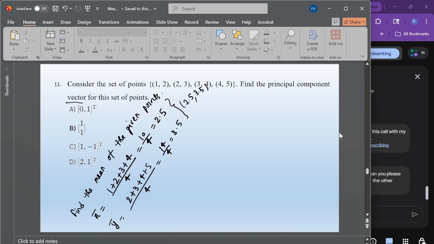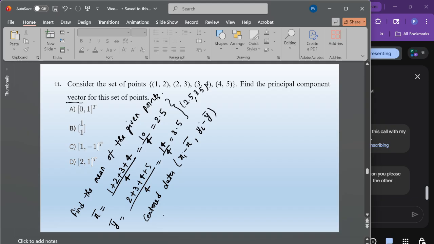So now we need to find the centered data, right? The centered data is calculated by xi minus x dash and yi minus y dash. So first we will find the centered data for each data point.